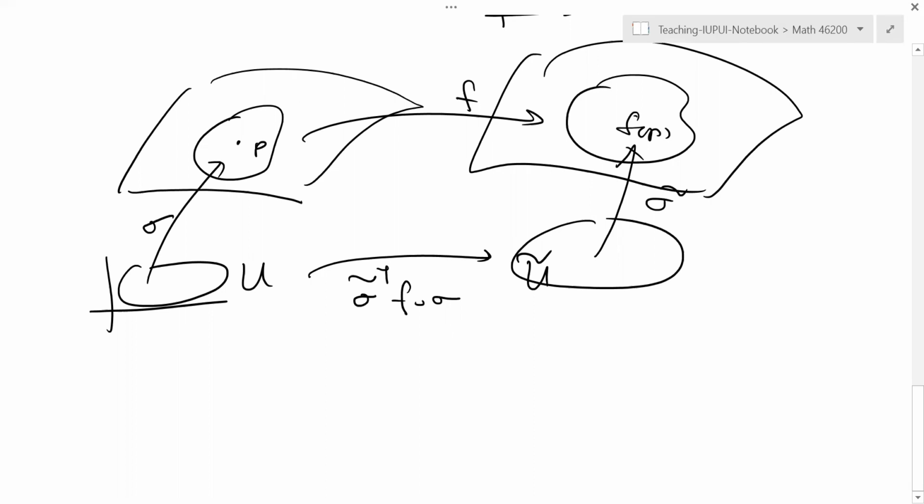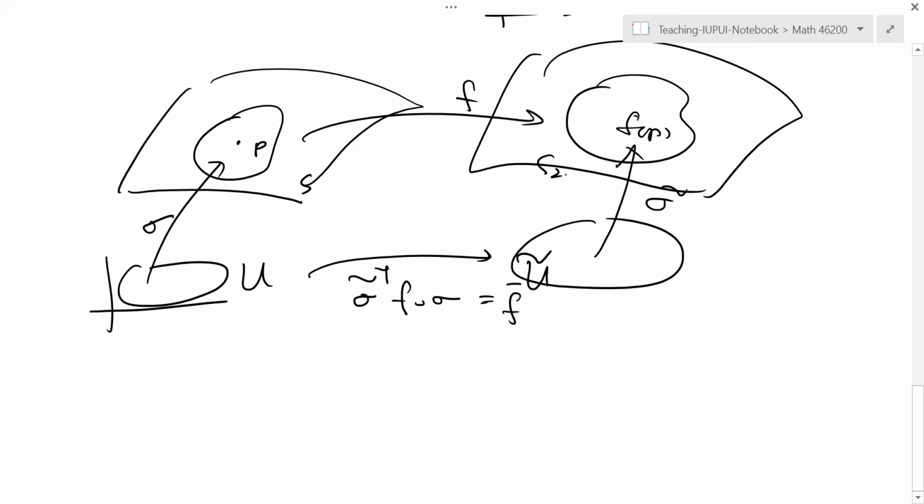Let's see. We don't have any special name there, let's call that f bar. So f bar is a map not from S1 to S2, but from U to U tilde.